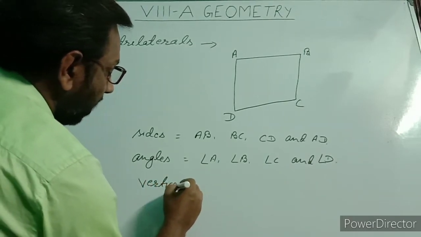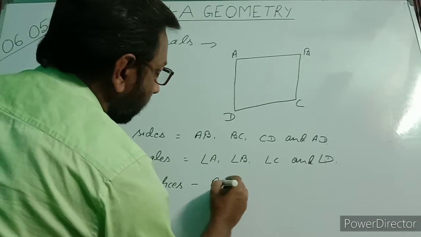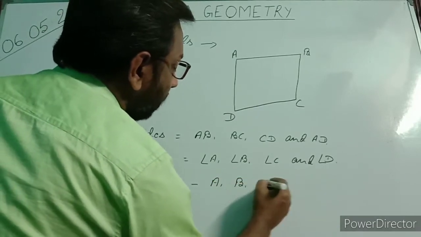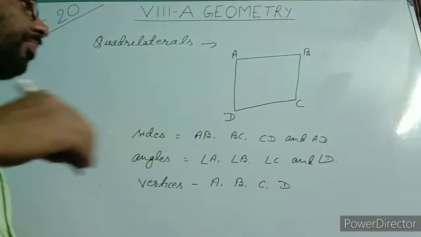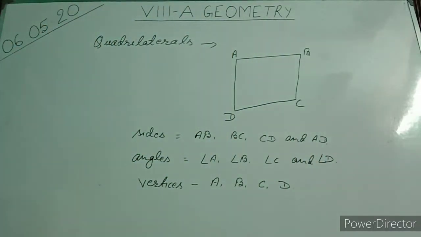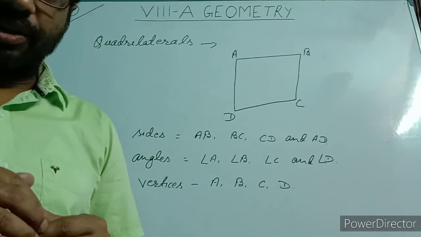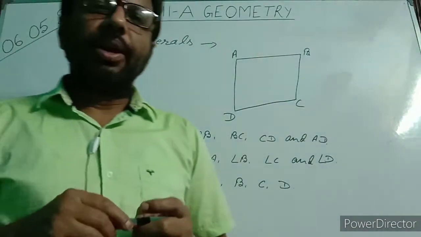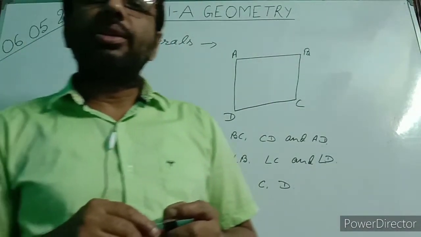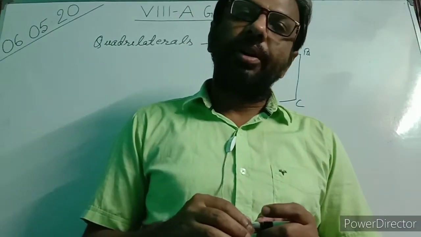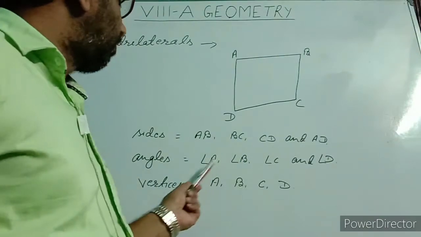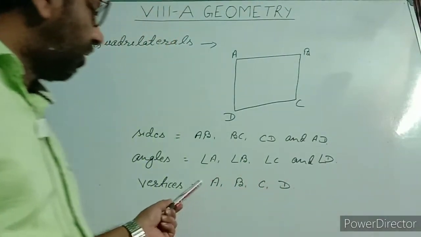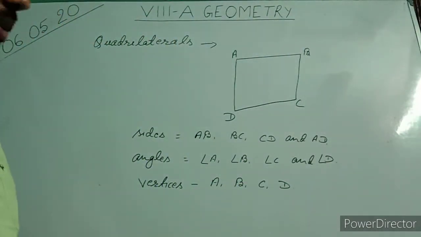Those vertices are vertex A, vertex B, vertex C and vertex D. A plane bounded by four sides is called a quadrilateral. It has four sides, four angles and four vertices.